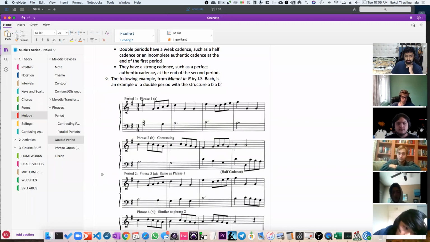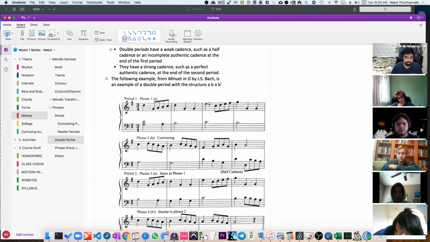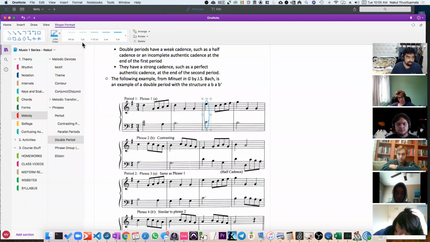So a double period has this phrase to start with. It has basically a plagal cadence right here. The reason I know it's a plagal cadence is because I'm looking at the downbeat, and then I'm looking at the subsequent big beats.